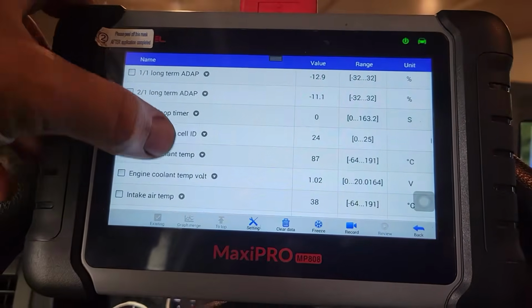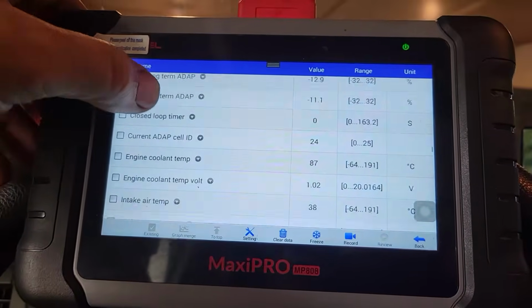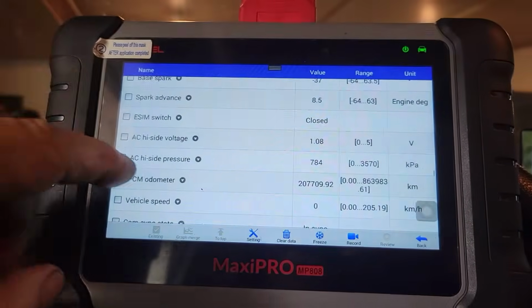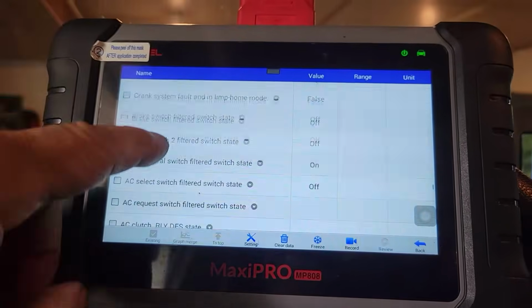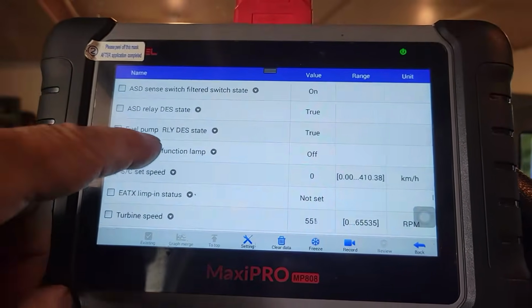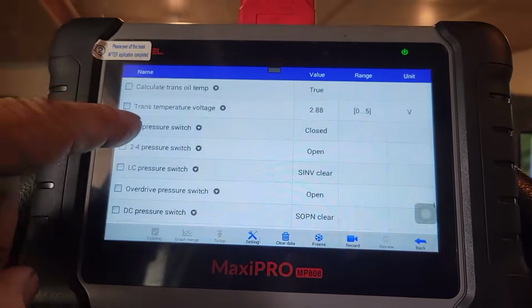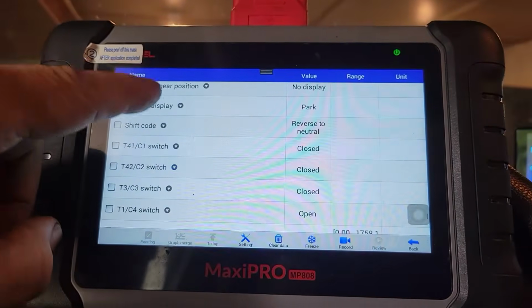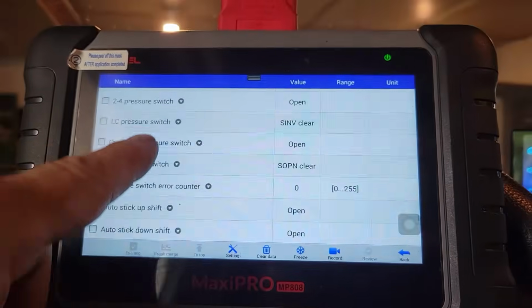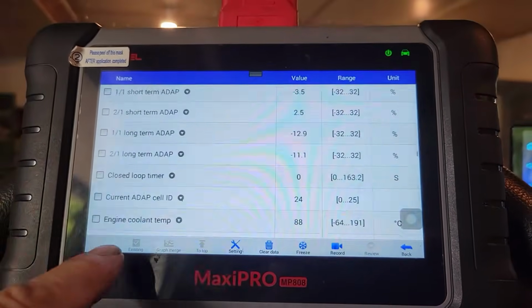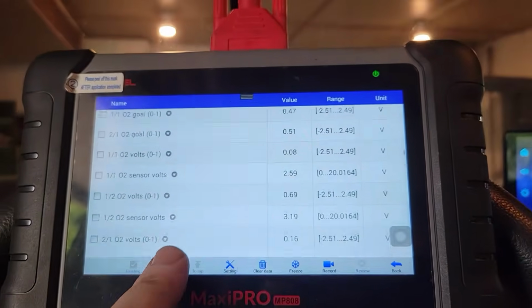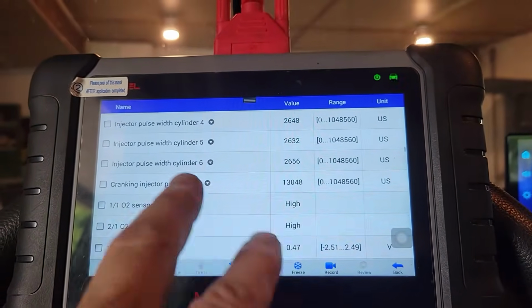Now, I'm not sure if they have the calculated load on here. On my other scanner, under just the basic OBD, it has the calculated load, and it was around 22-23%, which isn't bad. When you're looking for a breathing problem, if that's high, it's usually something with a MAF sensor, something not breathing in very good.